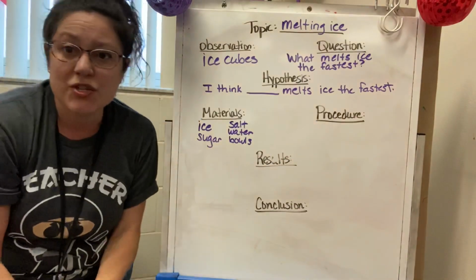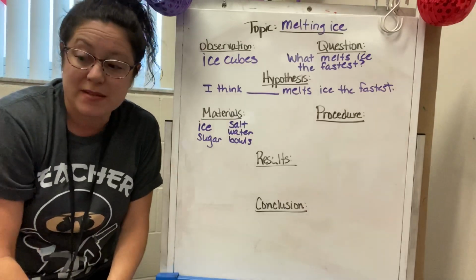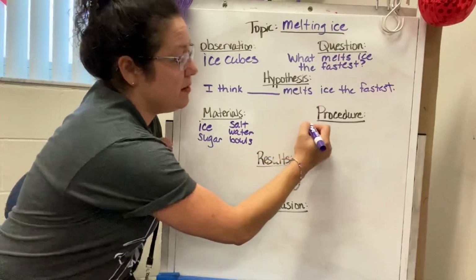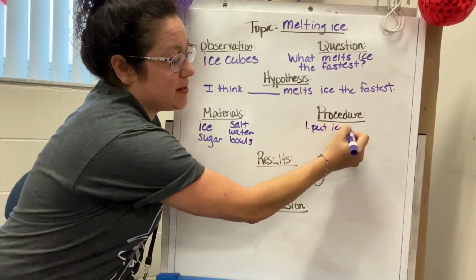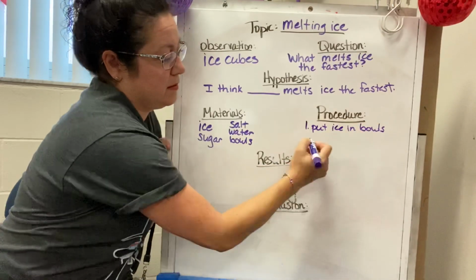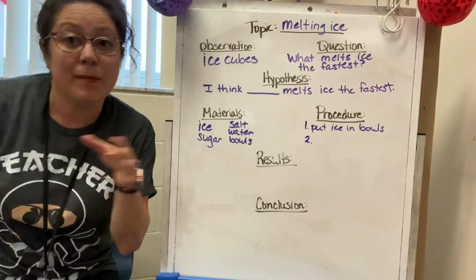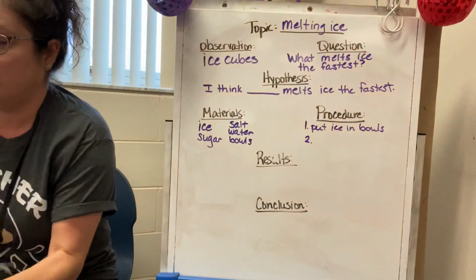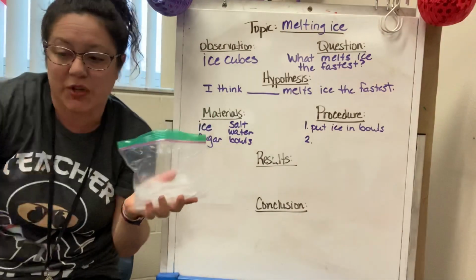So my procedures are the steps that I'm going to take to do the experiment. Step 1, put ice in bowls. Okay, so I'm going to do that now. I'm going to move my desk in front. So I've got ice and I've got some bowls, and I'll show you in just a second.